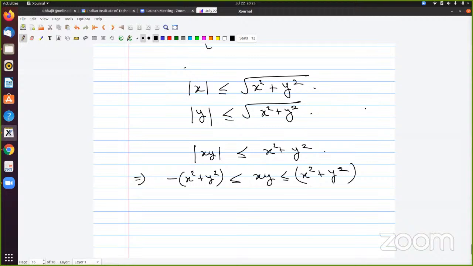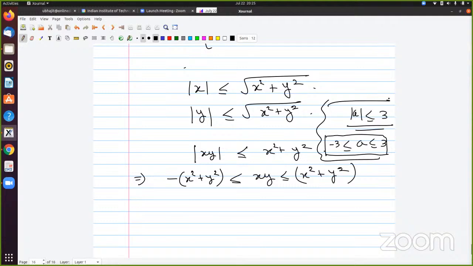If mod of A is less than 3, what does it mean? A should lie between plus 3 and minus 3, right? Then only mod will be less than 3. Otherwise, mod will be greater than 3. So it is the same thing I have done here.